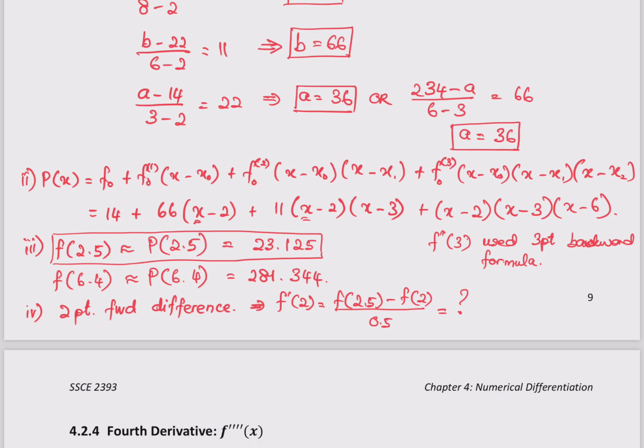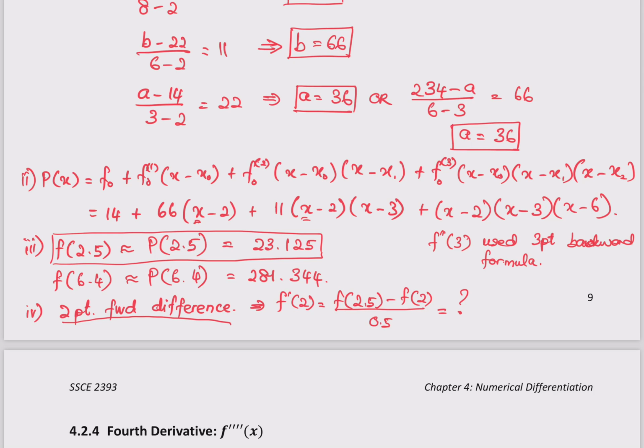What I can say is, let's say you want to use the first derivative here, you use the forward difference. Maybe some of you will ask why we don't use the 2-point backward difference, for example, or central difference.